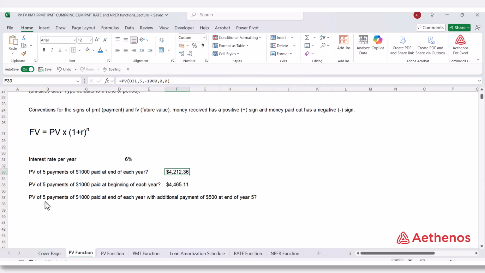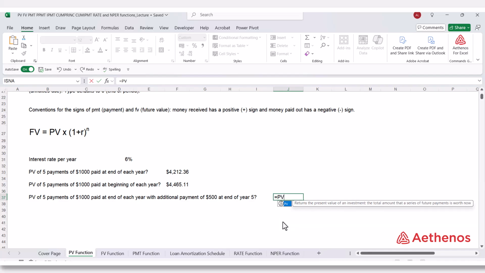Then we have another cash flow where we have 5 payments again, $1,000 each at the end of the year, with an additional $500 paid at the end of year 5. So we write the function equals PV, and the rate is 6%, number of payments 5, and PMT is minus 1,000 again.